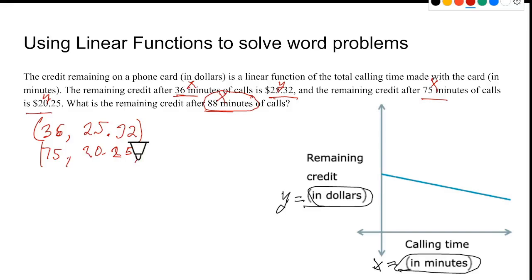So the first step is, again, it's a linear equation, we can see straight lines, so we want y equals mx plus b. So we want to find the rate of change, which we'll do as we did last time. Again, you can plug it into the formula, or you just remember x is your first coordinate, y is your second coordinate.